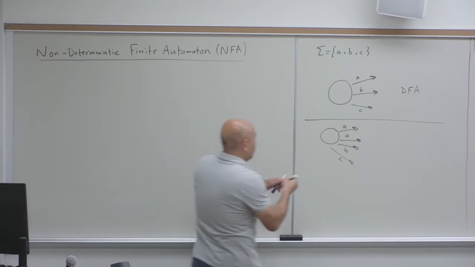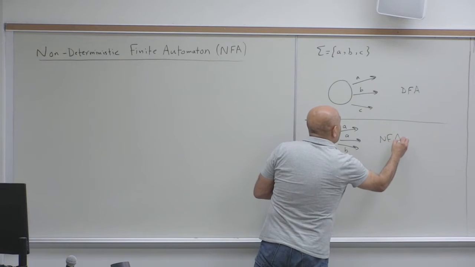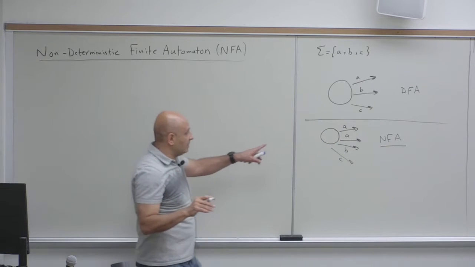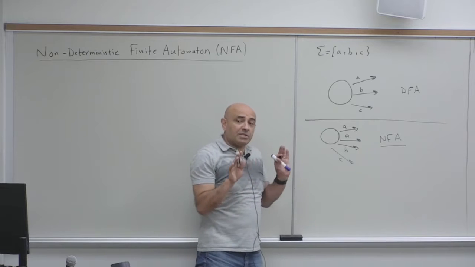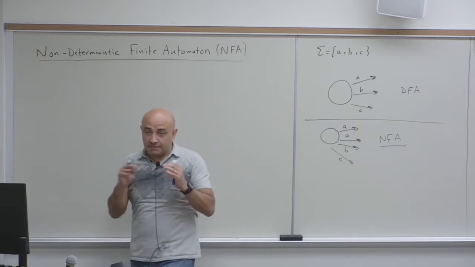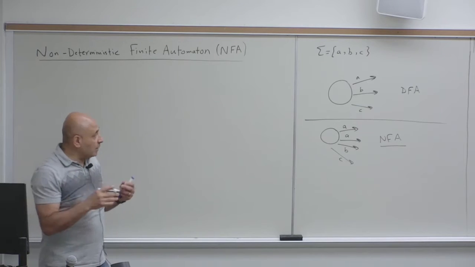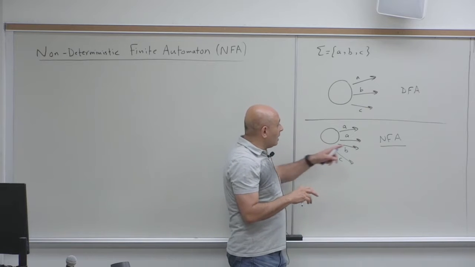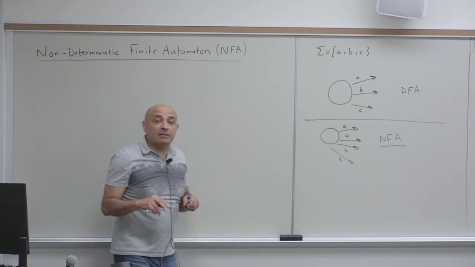This is an NFA, non-deterministic. Now today, in fact, we will understand by example why this is non-deterministic. Right now it's just a definition. Just what we need to understand at this point is the definition. But to appreciate what this means, we have to go through an example and see why this will cause non-determinism.